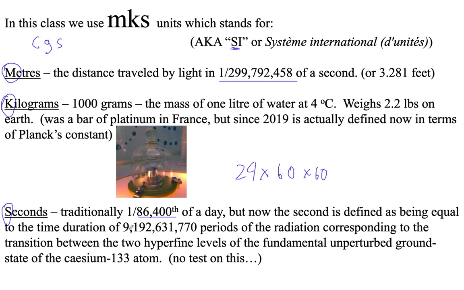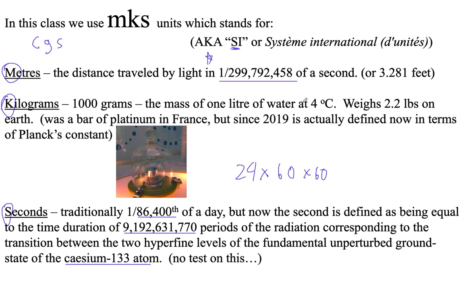So a second is defined as so many vibrations of a particular spectral line of the cesium atom. Okay, there it is. So that defines seconds. Seconds and the speed of light define meters. And then a kilogram used to be 1,000 grams, basically the mass of a liter of water when it's the most dense, which is around 4 degrees Celsius.